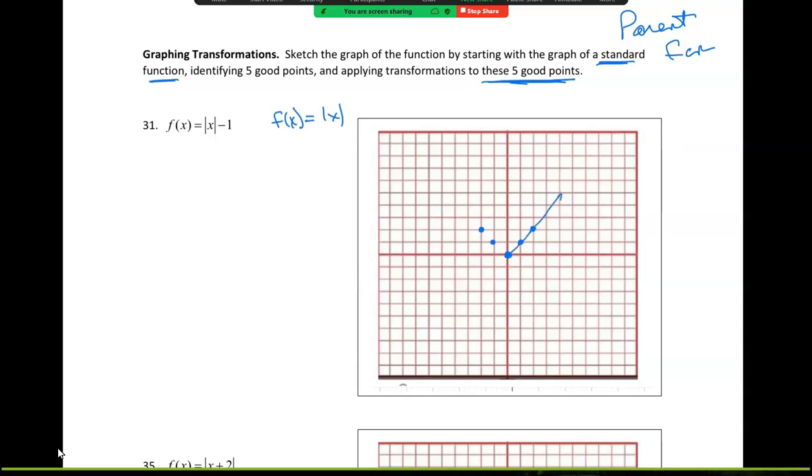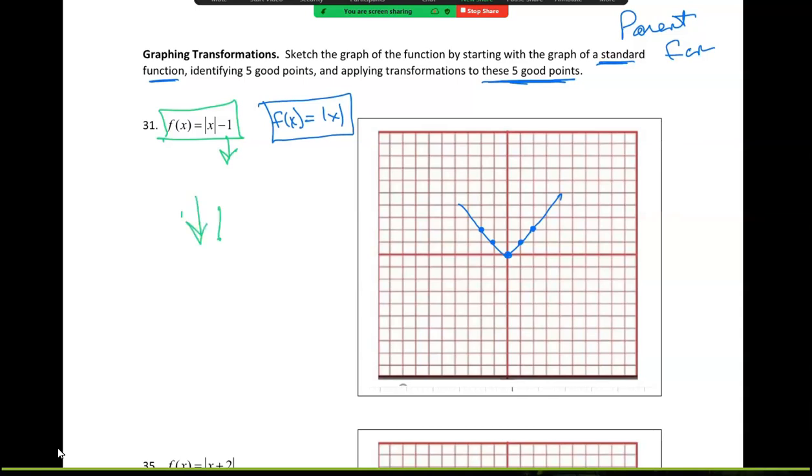Why not? So I did my parent function in blue. I hope that didn't confuse you. Let me do that line better. Okay, so parent function, I'll box off the parent function so you'll know that that's what's in blue. Okay, so then in green, I'm going to do this transformation. What is the transformation? Well, this is outside, so that's going to be down 1.